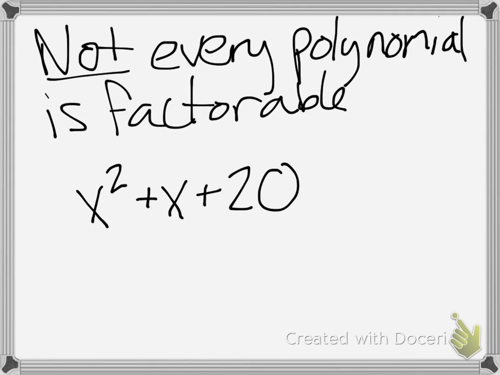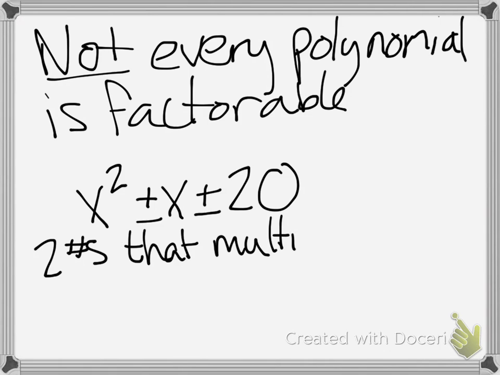Okay? The last thing we want to mention is that it is absolutely not true that every polynomial is factorable. So I could have something like x squared plus x plus 20. I'm then looking for two numbers that are both positive, since both of these signs are positive, multiply to 20 and add to 1.